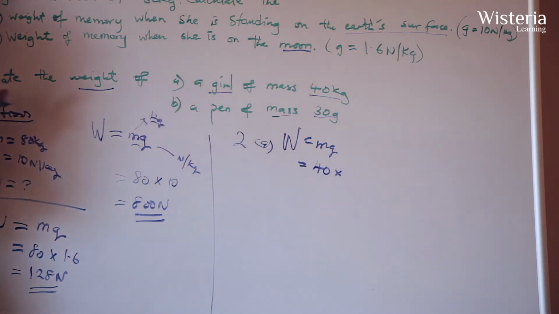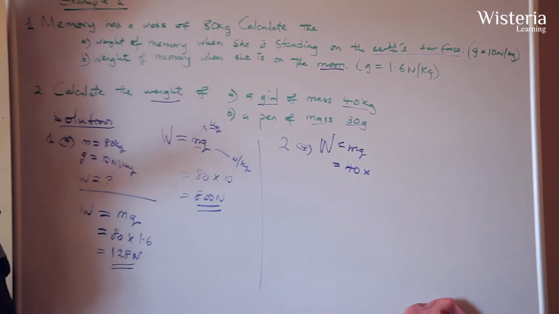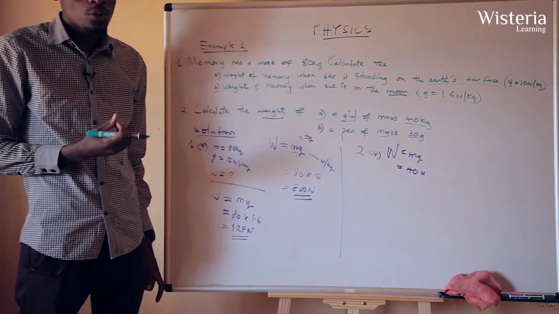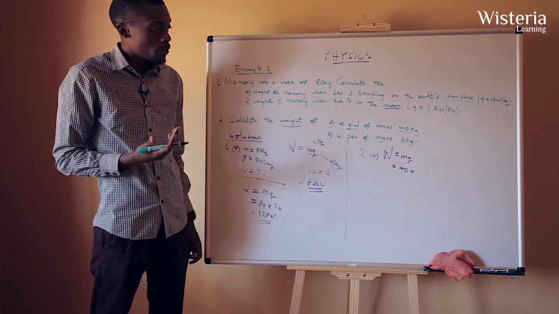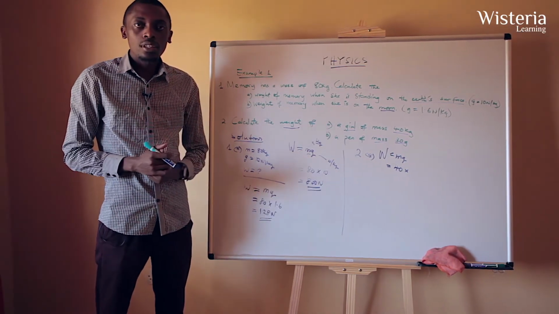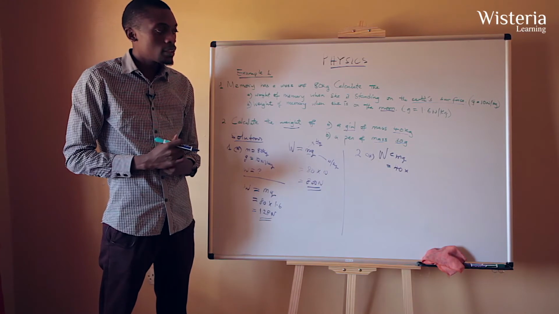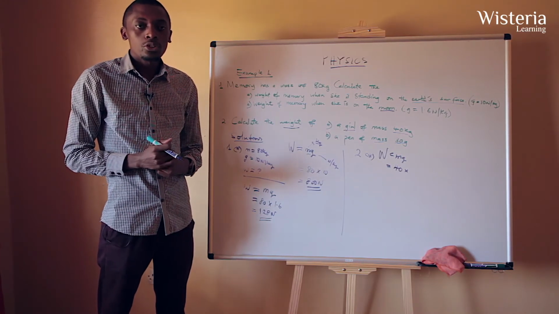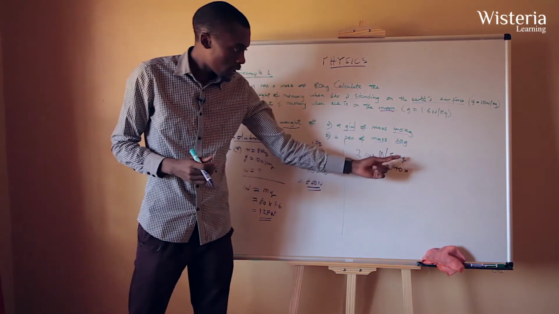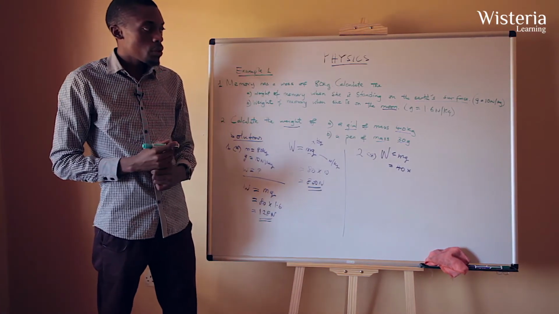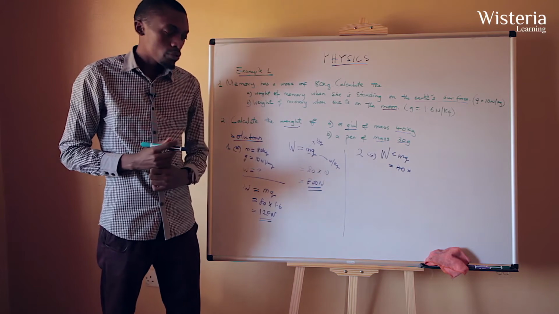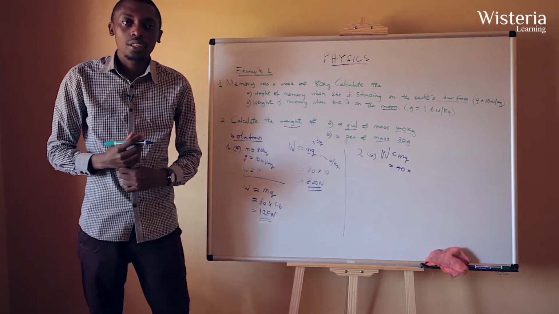Now in this question we are not given the gravity acting on the girl. In the event where you are not given the gravity acting on an object, you assume that you are on Earth. Since we know the amount of gravity acting on objects on Earth, for the sake of calculations we use 10 Newton per kg.